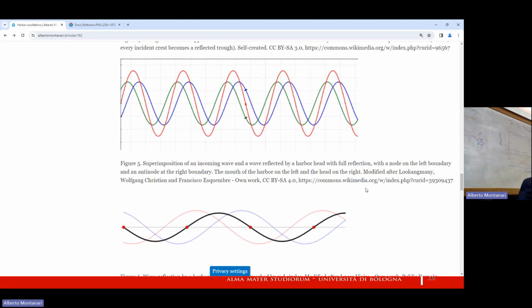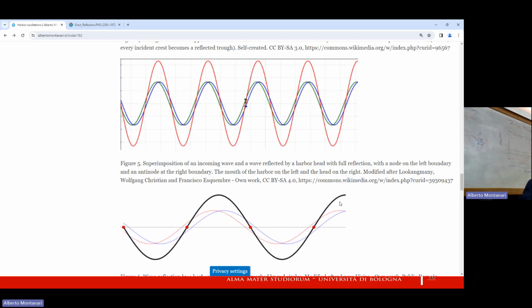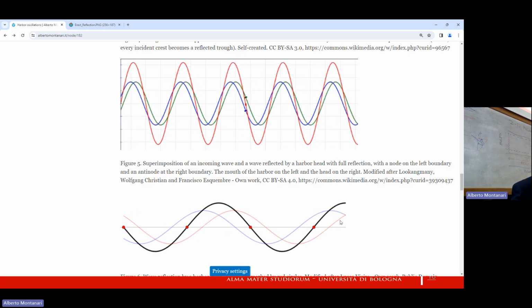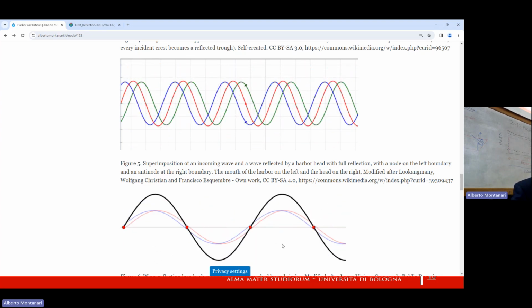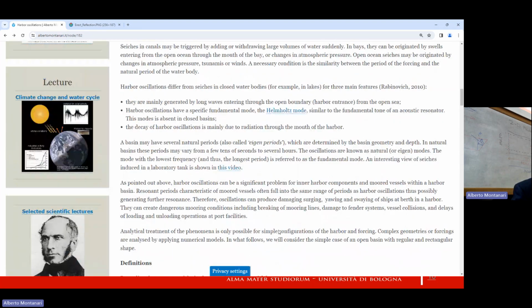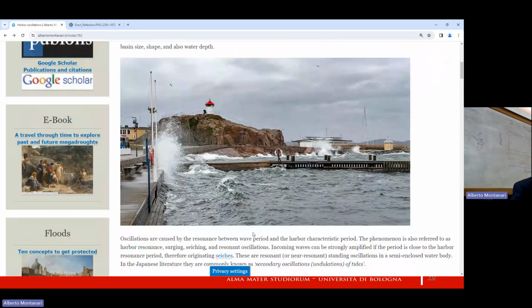So basically you have at the head of the harbour twice the wave amplitude. Why is that? You understand from the figure here, the first figure. You understand why you have twice the amplitude of the wave, you see?